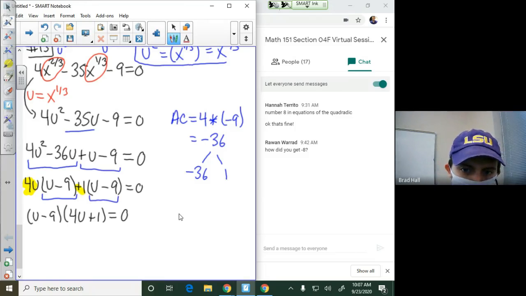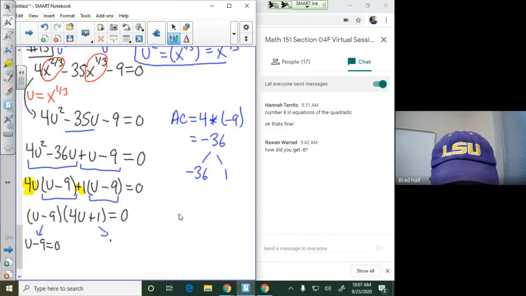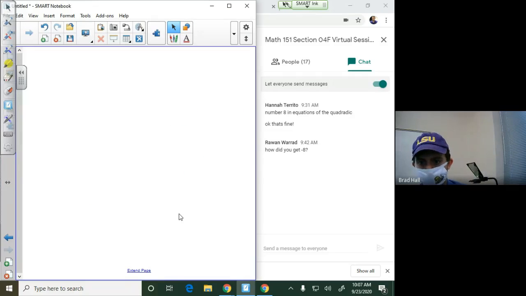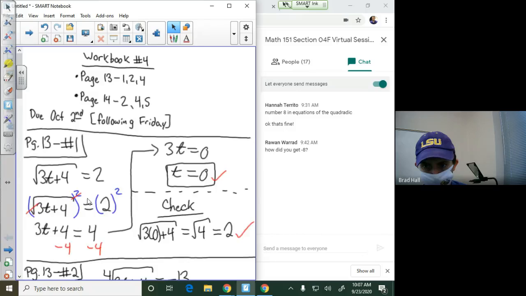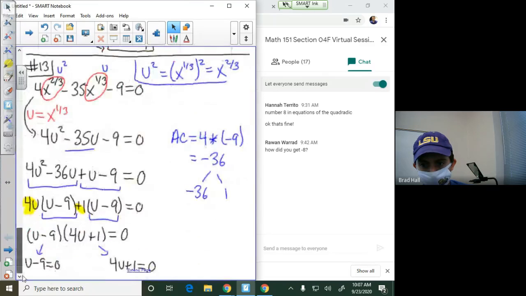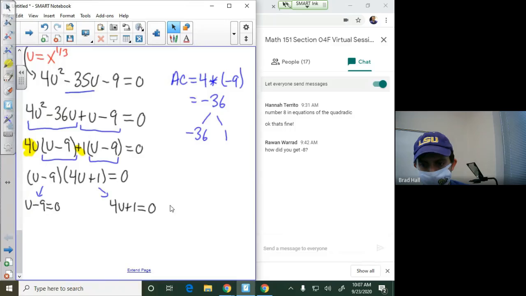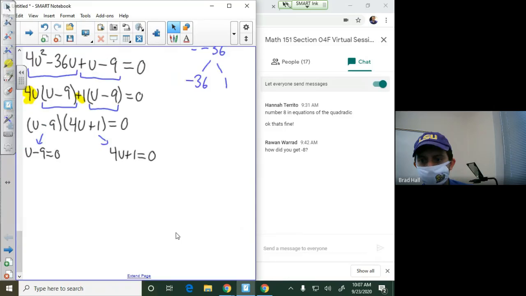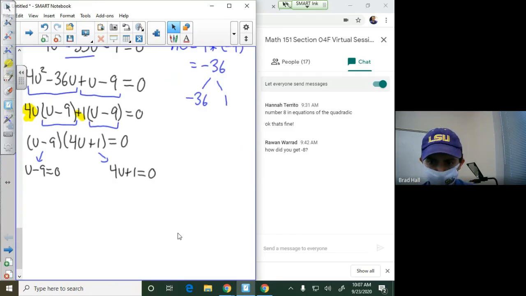That means we can set each one of these individually equal to 0. So we can set both of these equal to 0 and solve for u appropriately.